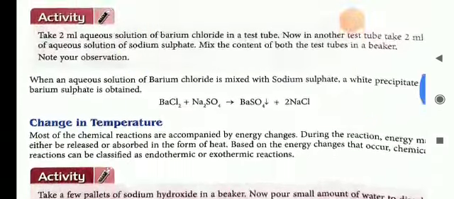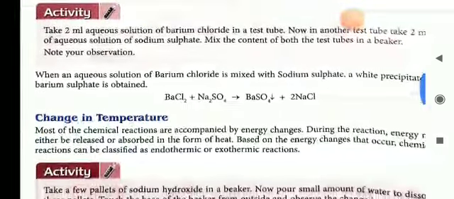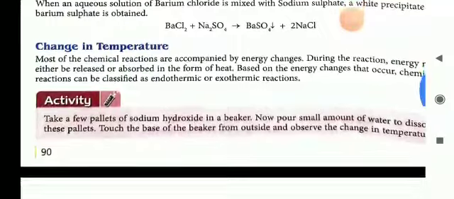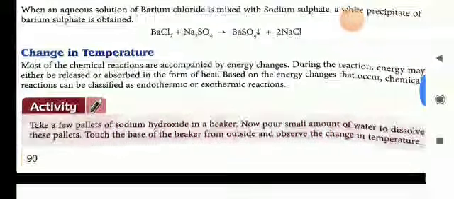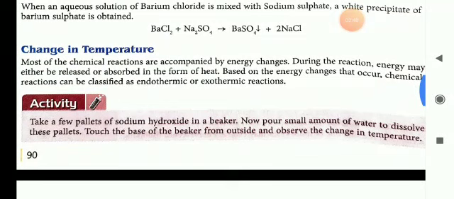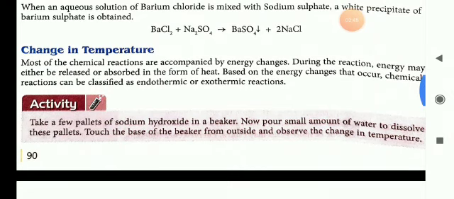Next is change in temperature. Most of the chemical reactions are accompanied by energy change. During the reaction, energy may either be released or absorbed in the form of heat.